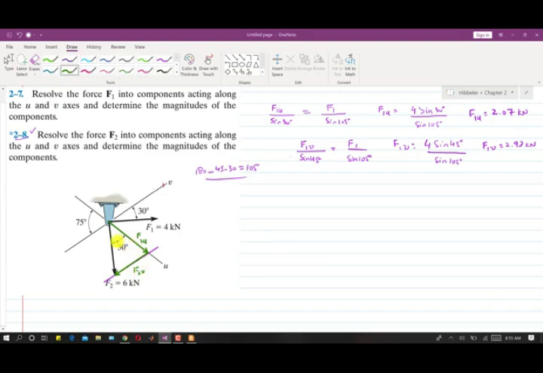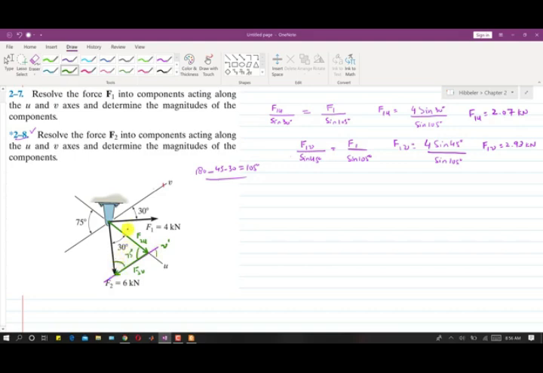This angle is given, this is 30 degrees, and this is the u axis, and this line is parallel to the v axis, so we can write that this is v dash. The angle between u and v axis is 75 degrees. So this is 75 degrees, this is also 75, and this is also 75 degrees. Now we can find this angle as well.